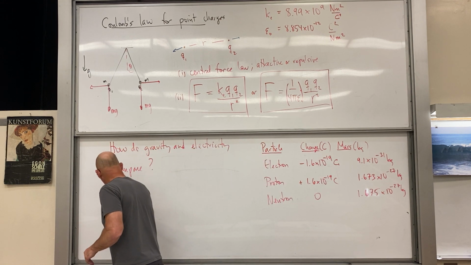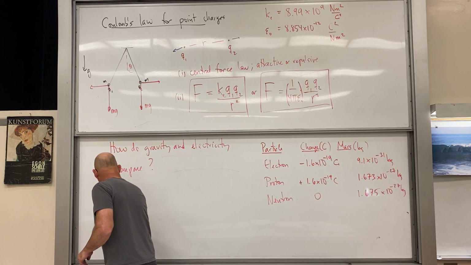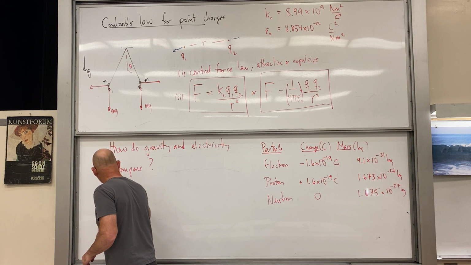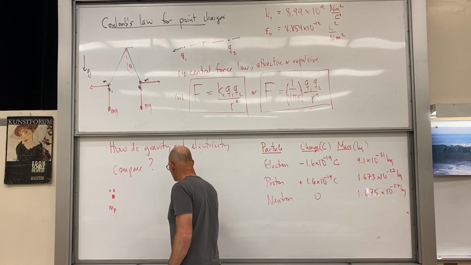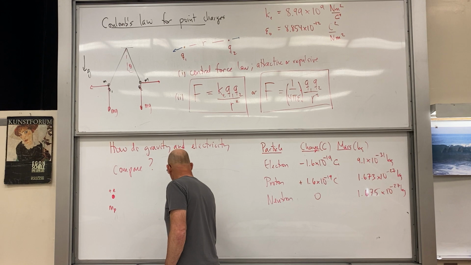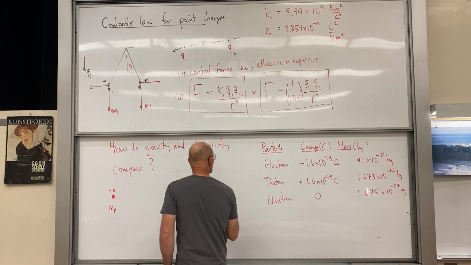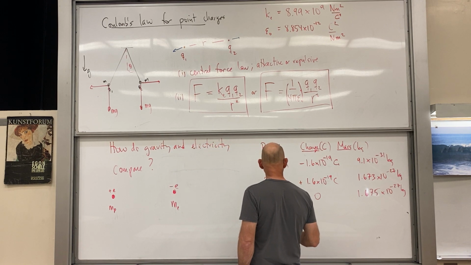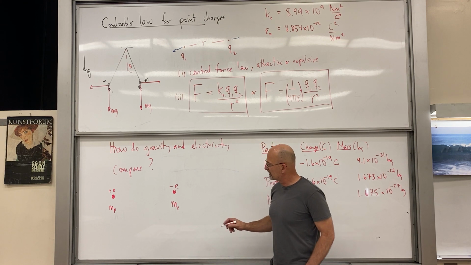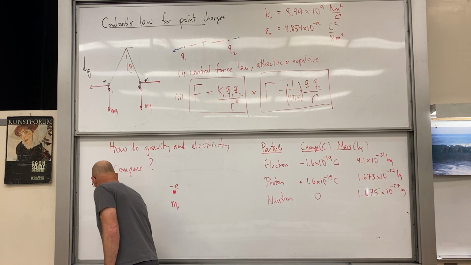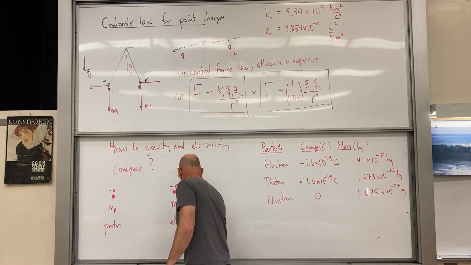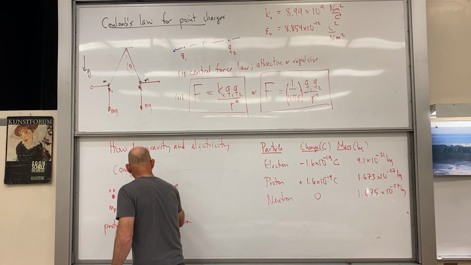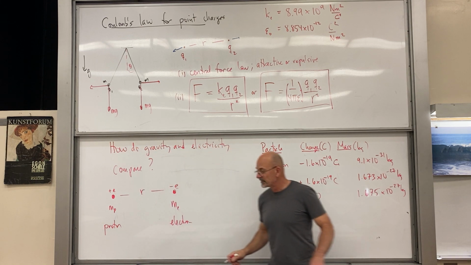Suppose there's a proton here, m sub proton, plus e. And suppose there's an electron over here, m sub electron, minus e. So proton, I'll write here proton, electron, and they're separated by a distance r.